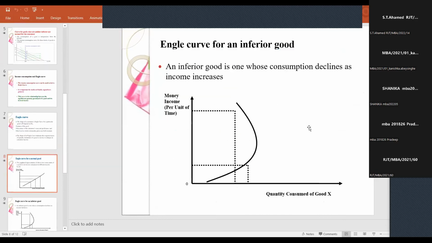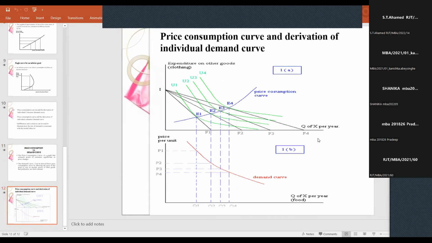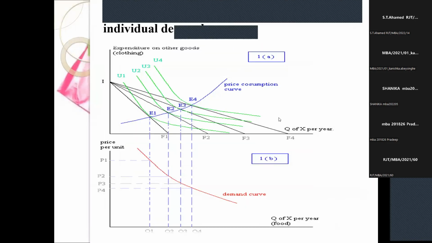Right. ICC. Demand. Right. How to derive the demand curve by using PCC, right?